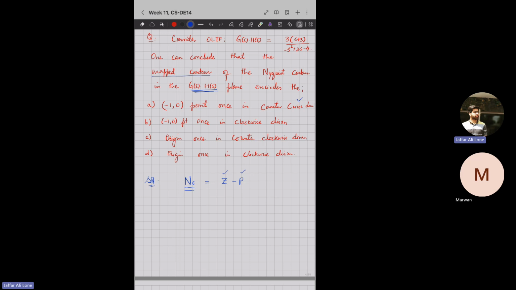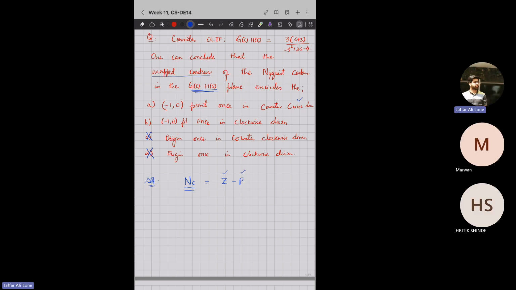So it means we have to see the encirclement around -1, 0 and not about 0, 0. That means this option and this option go. The two options which are saying it encircles origin once in counterclockwise direction or it encircles origin in clockwise direction, that is eliminated. Why? Because we are mapping the Nyquist contour to a contour in the GSHS plane, not in the 1 plus GSHS plane.